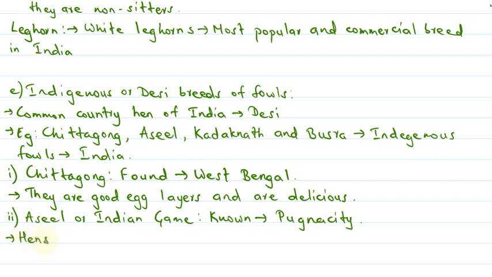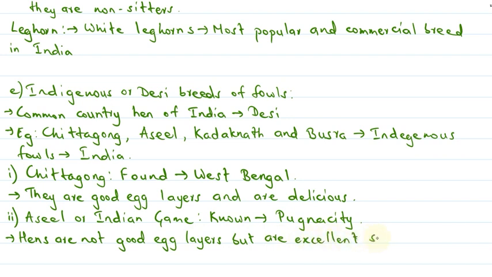So here the hens are not good egg layers but they are excellent sitters. Okay, so the Asil breed is found in almost all states of India but is abundant in Andhra Pradesh.